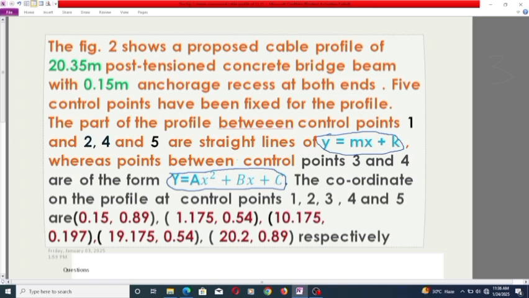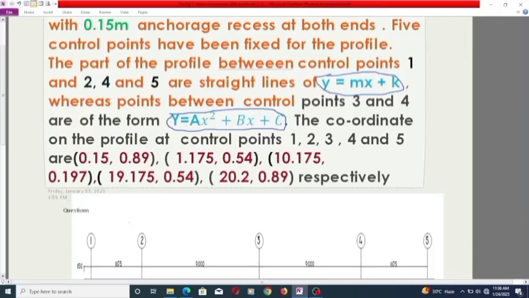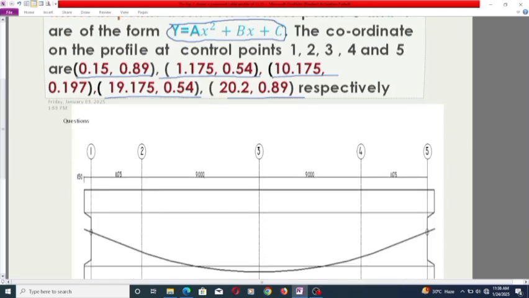Now the coordinates on the profile at control points 1, 2, 3, 4, 5 are given respectively. We've been told these are the control points, so these are the data for the control points.